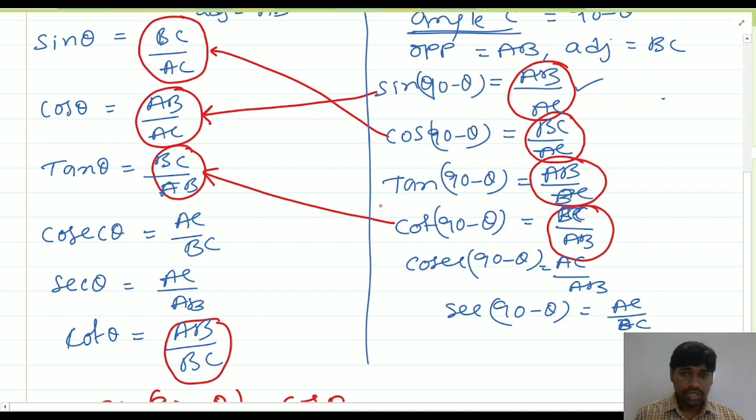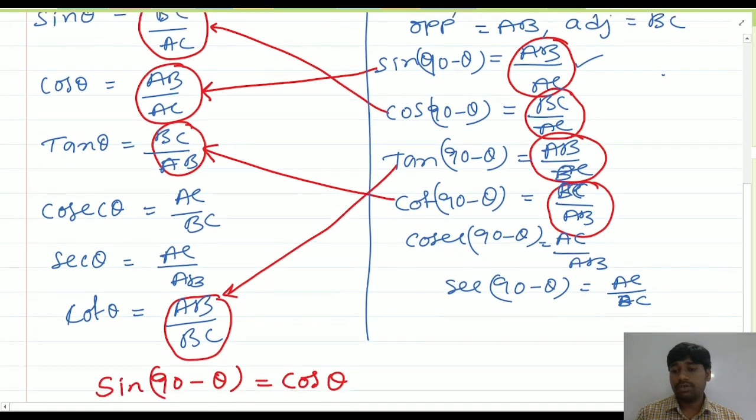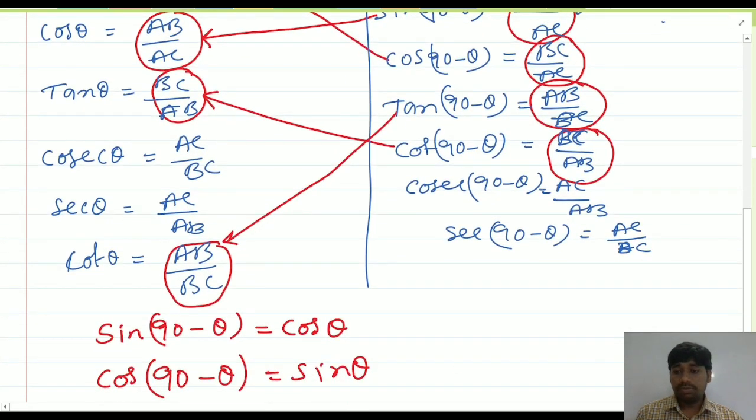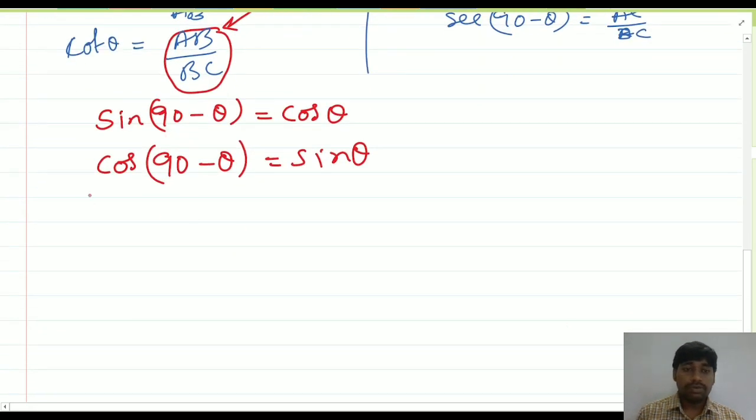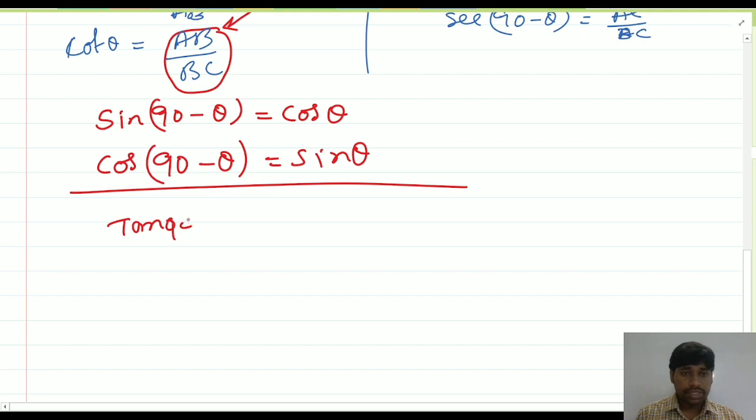So tan 90 minus theta is the complement of tan. Write one more conclusion here: tan 90 minus theta becomes cot theta, then cot 90 minus theta becomes tan theta.